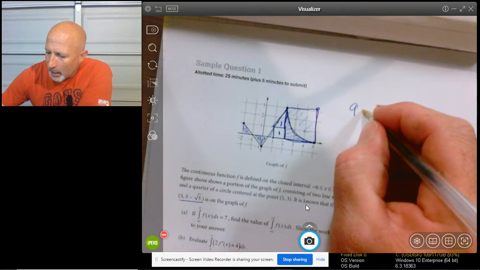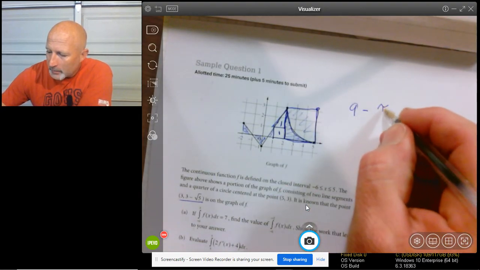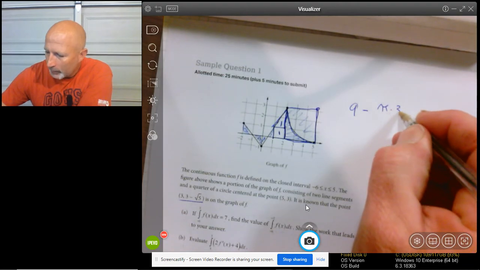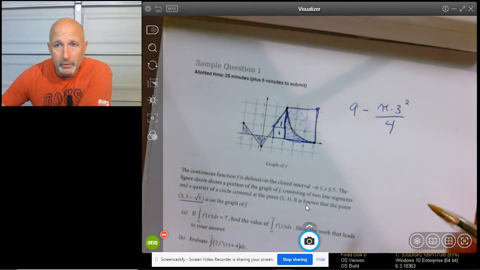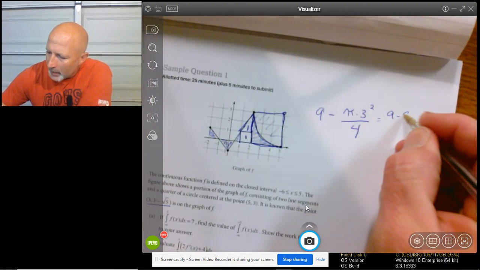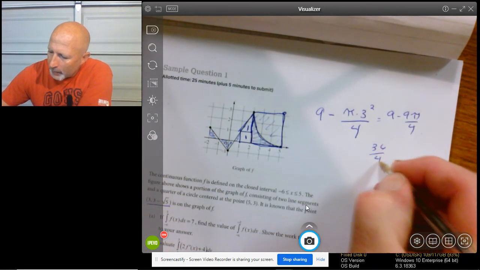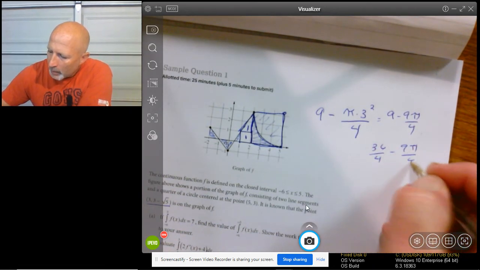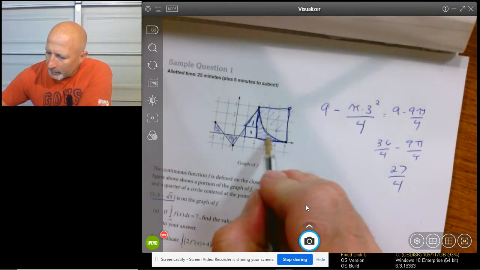So I'm going to go 9 minus a quarter of a circle, so pi times r squared, but r is 3, all over 4. 4 because it's a quarter of a circle. And so this gives me 9 minus 9 pi all over 4, which is 36 over 4 minus 9 pi all over 4, which gives me 27 over 4. So that's what the area of this region is.